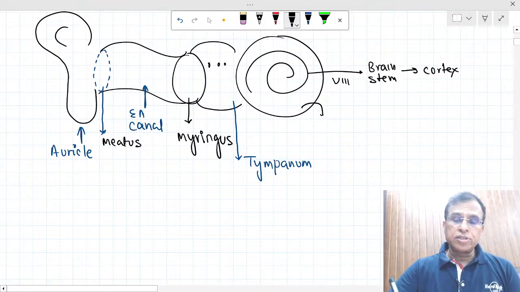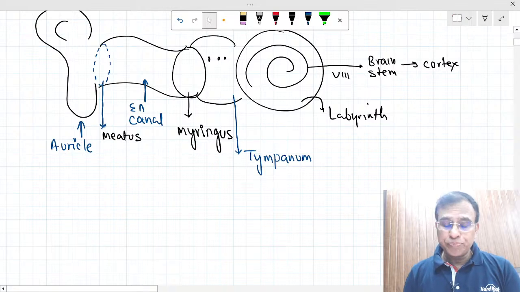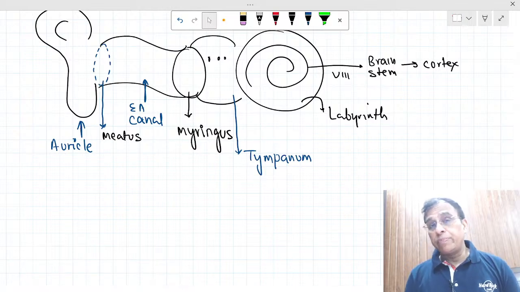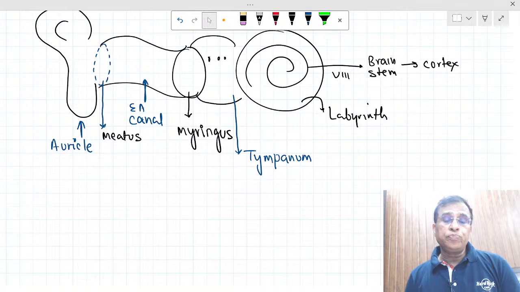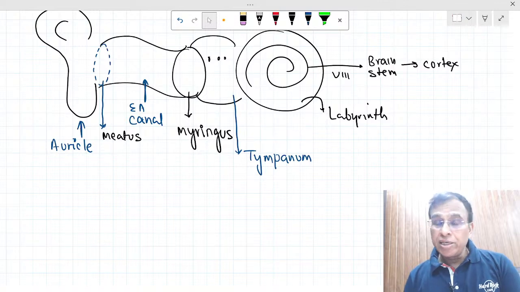And inner ear, of course, is the labyrinth. This is a child's play. Everybody knows this. Now these are some of the terms that you have to be careful about, you should be aware about. And because these terms will keep on repeating, that's why in the beginning I like to give you these names. But which among this is the external ear, which is the middle ear, and which is the inner ear?